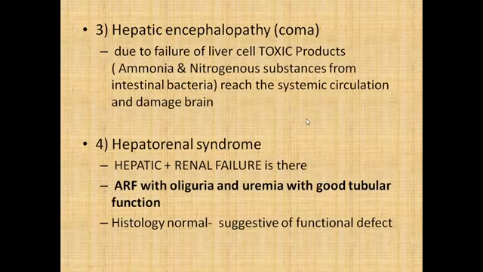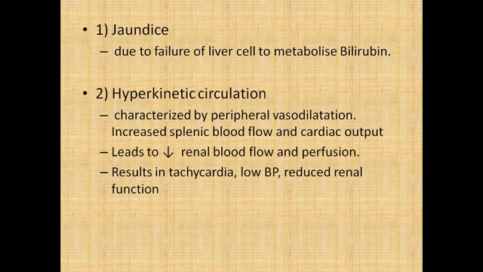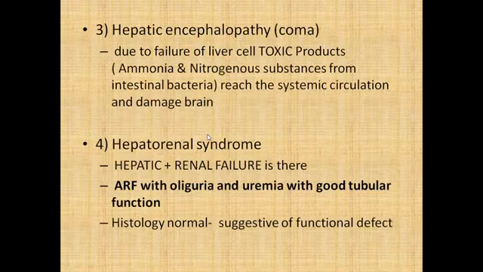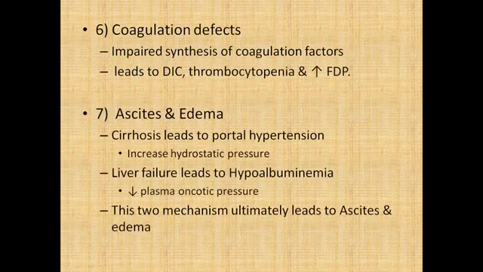So up to now we have discussed jaundice, hyperkinetic circulation and these three syndromes: hepatic encephalopathy, hepatorenal syndrome and hepatopulmonary syndrome. Now, coagulation defect. Due to impaired synthesis of coagulation factors, it ultimately leads to DIC, thrombocytopenia, and increase in fibrin degradation products. There will be ascites and edema.